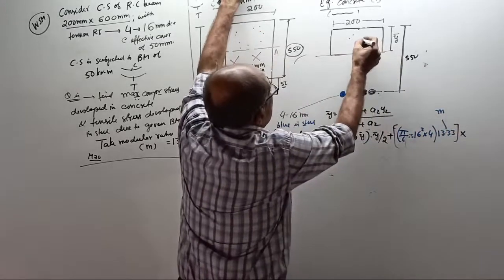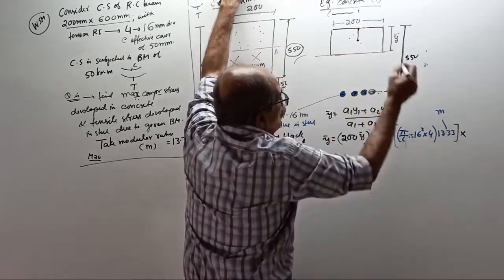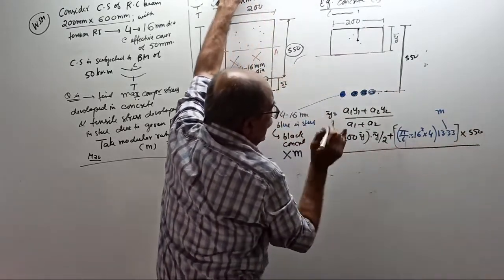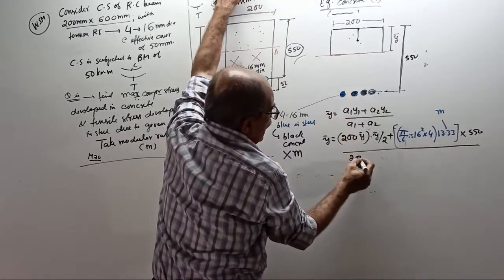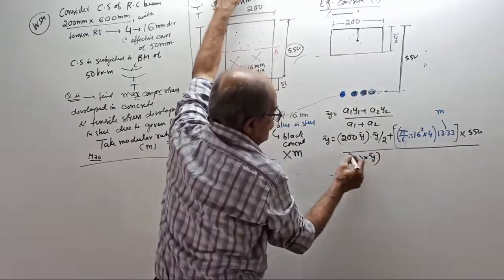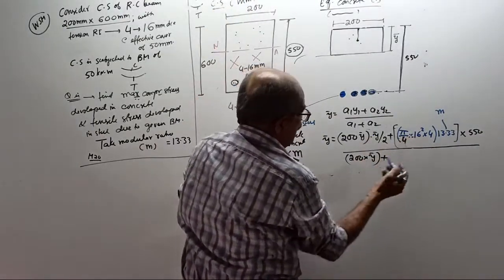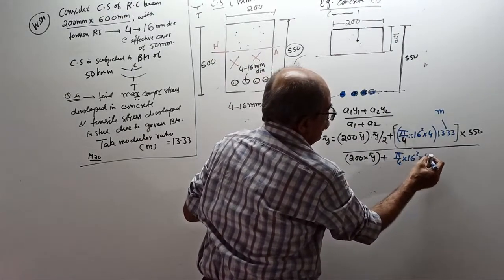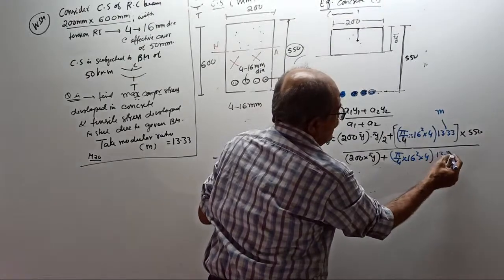Multiplied by A1 y1 plus A2 y2, which is 550, divided by this area plus this area: 200 into y bar plus pi by 4 of 16 square into 4 into 13.33.